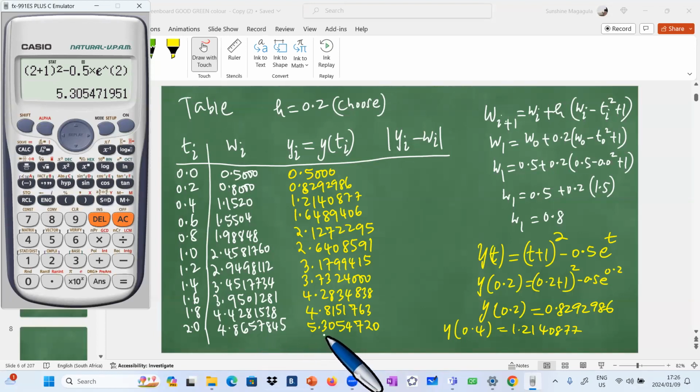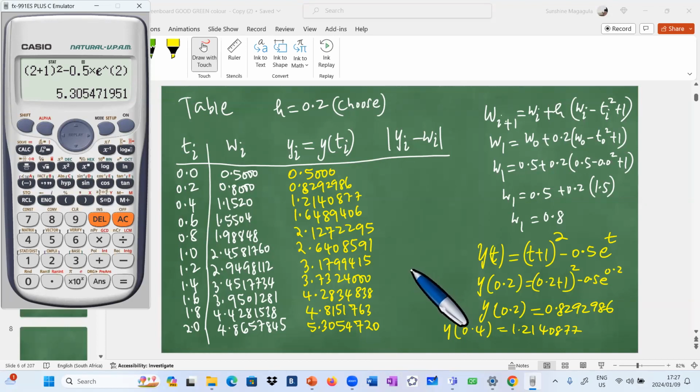Okay, so obviously the real value you can see is 5.3054719, like 720. Okay, so something like that. So in other words, the estimate you're getting, or rather these are the accurate values.